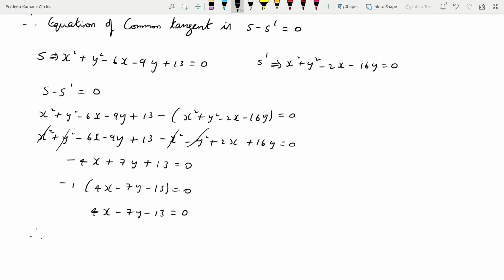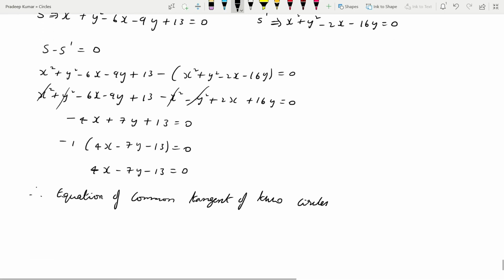So I can write the conclusion: equation of common tangent of two circles. What are the two circles? The first circle is S equal to 0, and the second circle is S dash equal to 0, right?